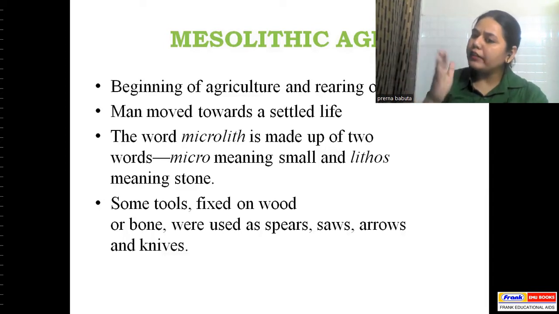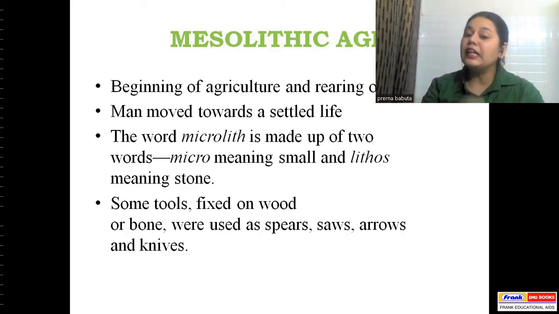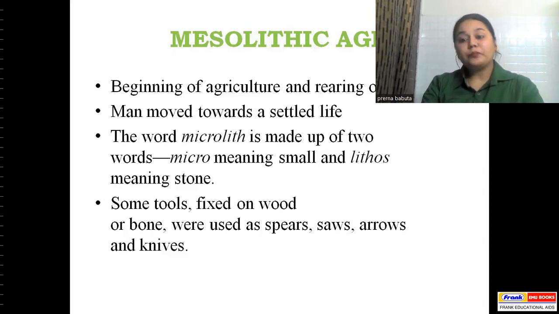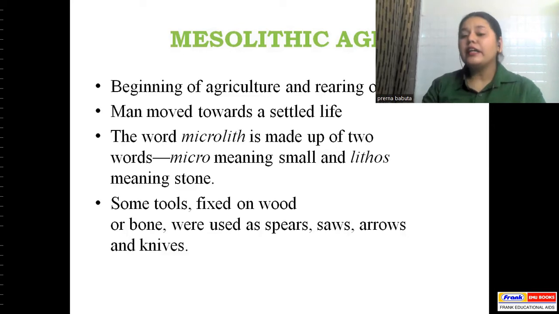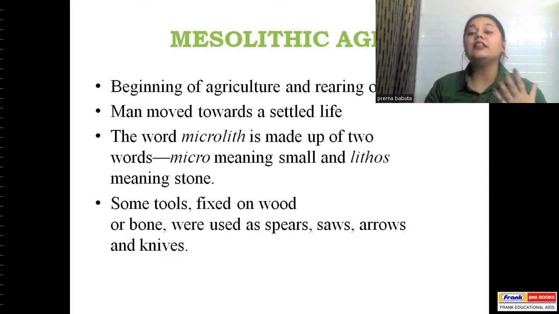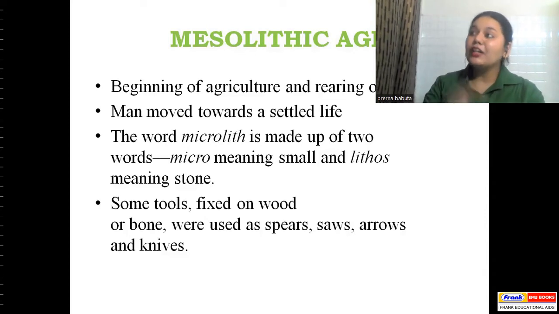Why did he also start the rearing of animals? So that he could extract the desired products from these animals. Of course, man could make clothes, get milk, and get various other items for consumption. And as we have already discussed, he started agriculture. When I talk about agriculture, that means he started sowing seeds and planting trees.